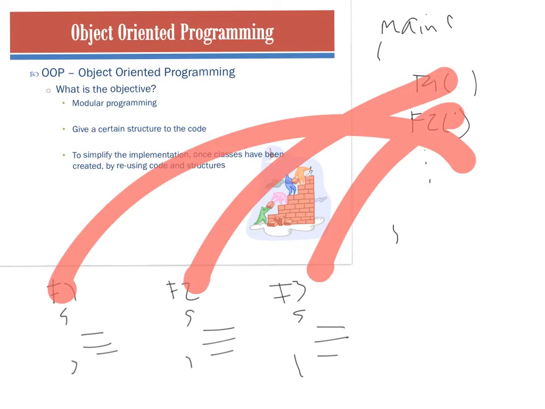Now, one of the analogies that I like to use for modular programming is Lego bricks. So everybody, I think, knows what Lego bricks are. If we think of the basic Lego bricks, some of them might be flat, some of them might be taller. All of them have certain functionalities, right? And have very specific characteristics.